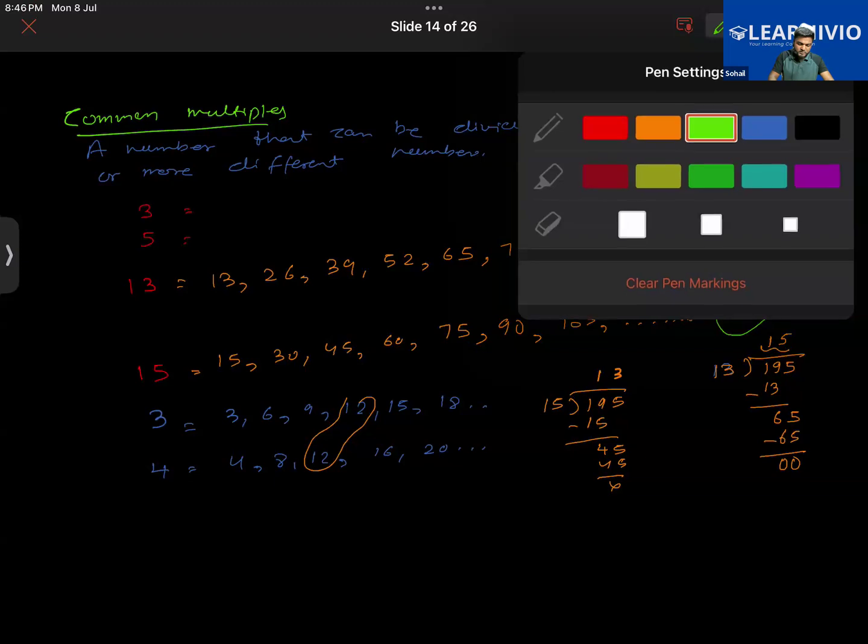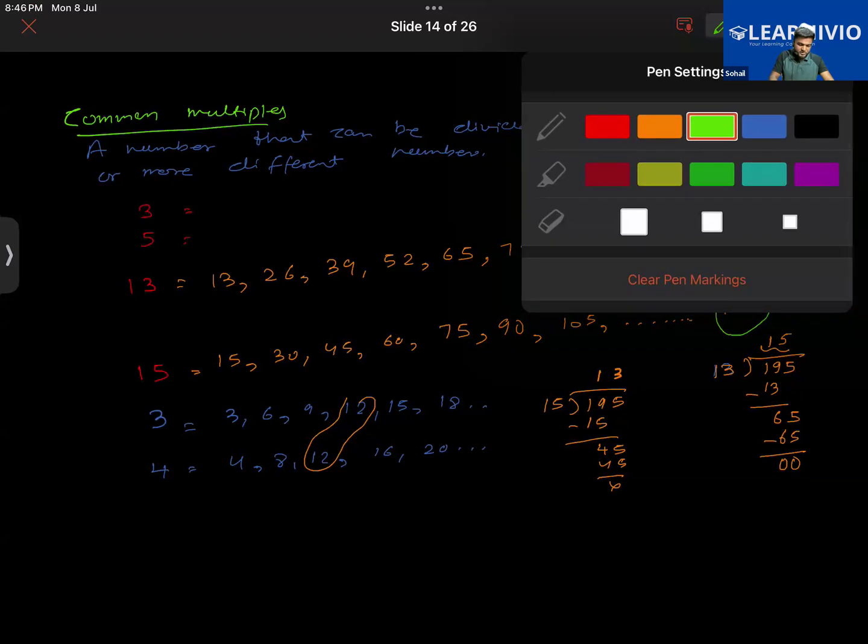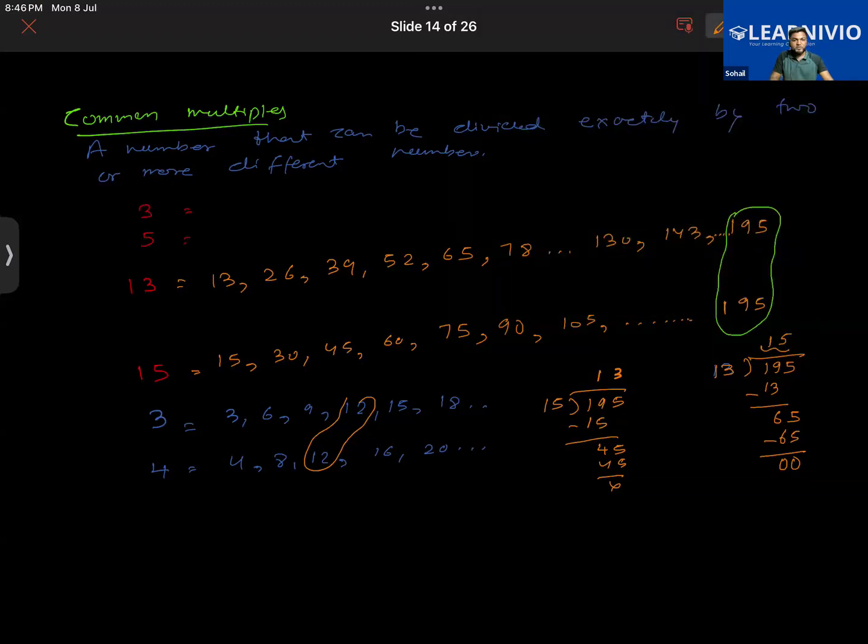So when you write down the multiples of 3, you will find 195 is also a multiple of 3. Like 3 times 65, that is 195. So yes, 195 is a multiple of 3 also.